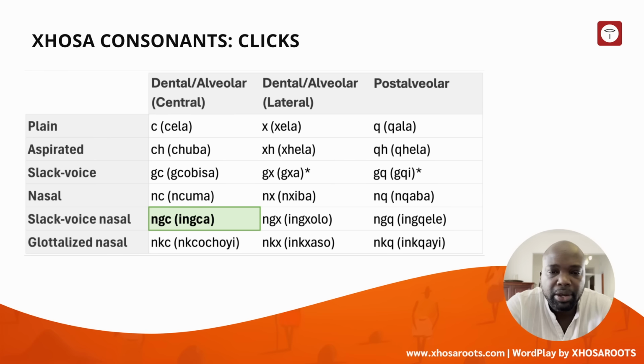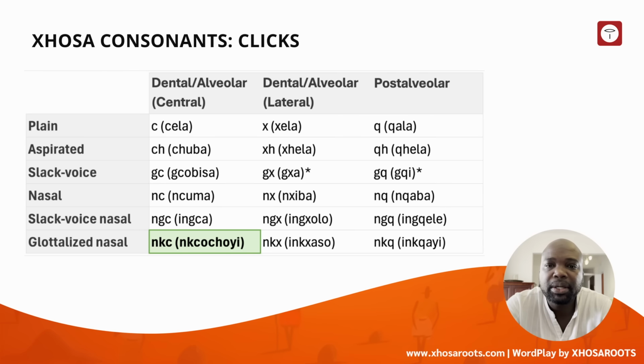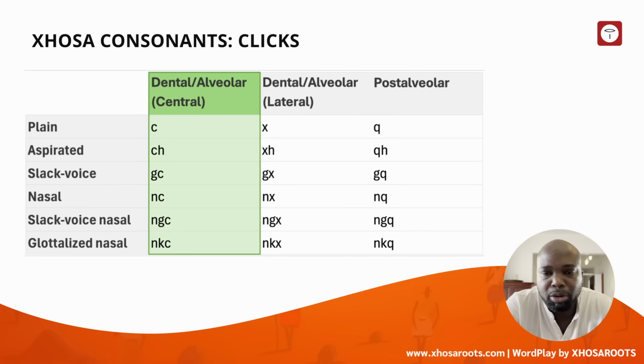And then lastly, we have the glottalized nasal, as in incochoi, which is a peak, like a mountain peak, for example. So this is the group of 6 dental central clicks: plain, aspirated, slack voice, nasal, slack voice nasal, and glottalized nasal.